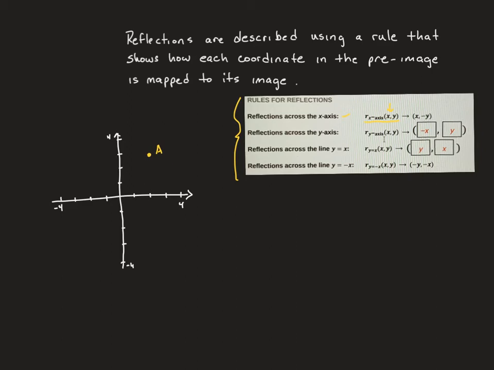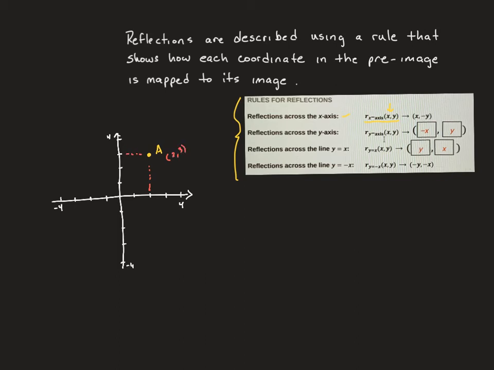So what does that mean? As an example, point A looks like it is going to be (2, 3).